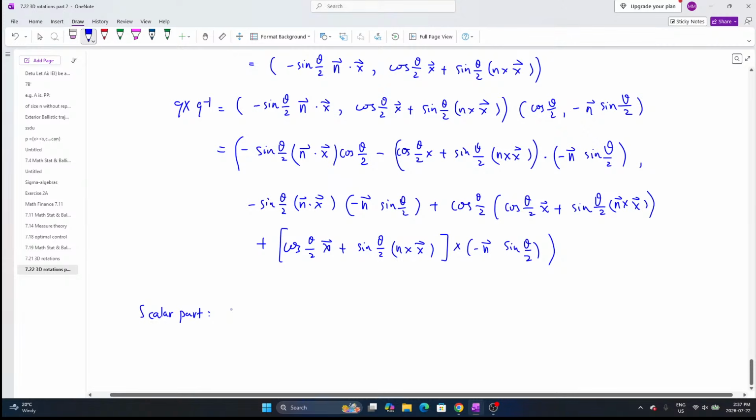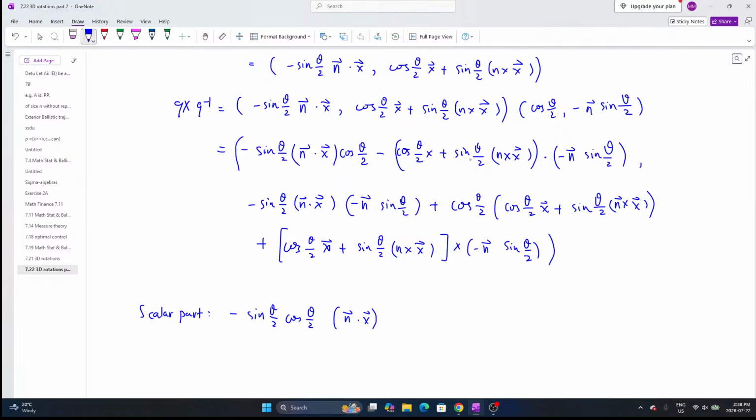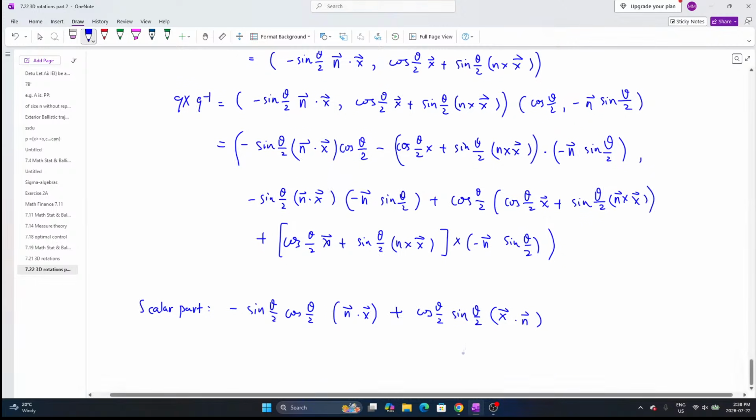It looks like we have a sine theta over 2 cosine of half theta n dot x, and here you've got a plus cosine theta over 2 sine theta over 2 x dot with n. So that cancels out, which is nice.